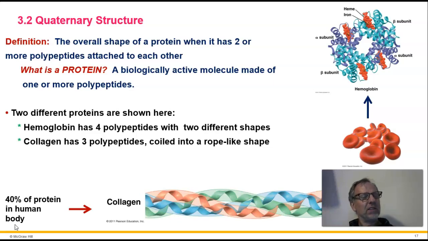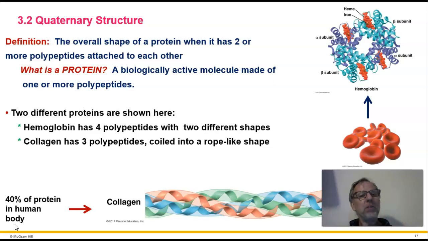So this kind of brings us to the question, what is a protein? A protein is a biologically active molecule made of 1 or more polypeptides. Biologically active means it has a job or a function in a living thing.